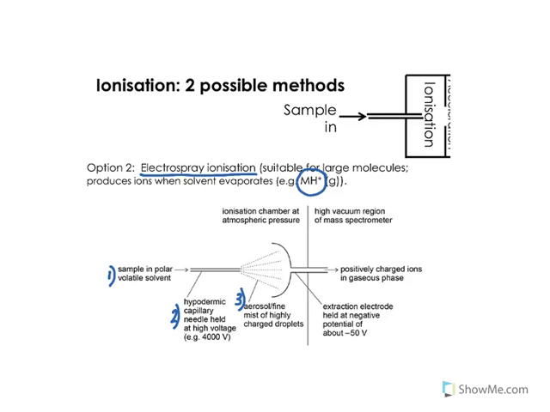When that aerosol enters this high vacuum region of the mass spectrometer, the solvent evaporates and causes positively charged ions to exist here in the gaseous phase. So those positively charged ions now have gained a proton, so it's important to remember that there's the mass of the proton to think about if dealing with analysis of the ions from this type of ionization. Okay, so remember the mass of the proton is important there.